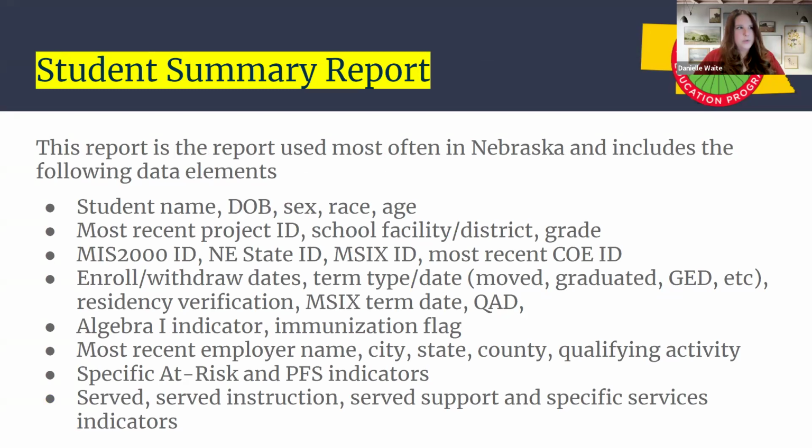So a little more about the student summary report. And I can give you more information on this if you'd like to build a similar report for your state. I can give you more information on exactly what's in it, but I'll kind of go over it now.